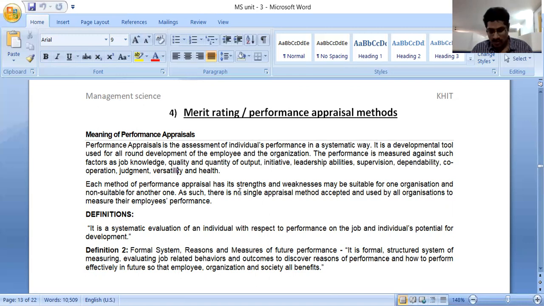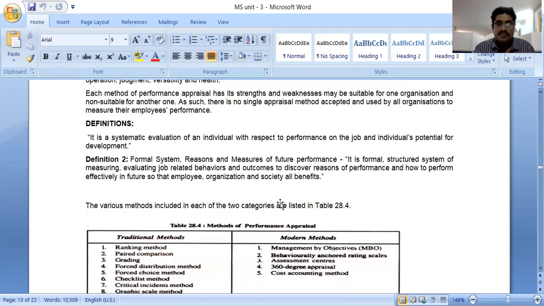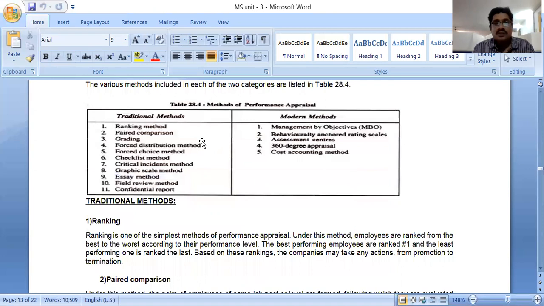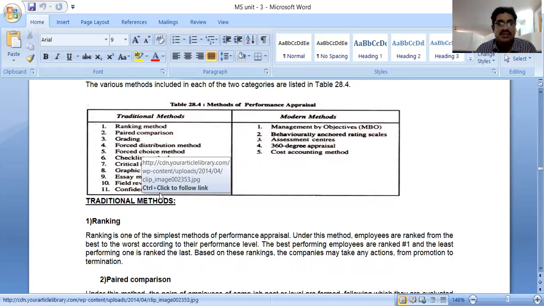So now coming to this part. These are the methods to check the employees' performance, right? These are the traditional methods and these are the modern methods. Here, the first is the ranking method. The second one is paired comparison. The third one is grading, forced distribution.